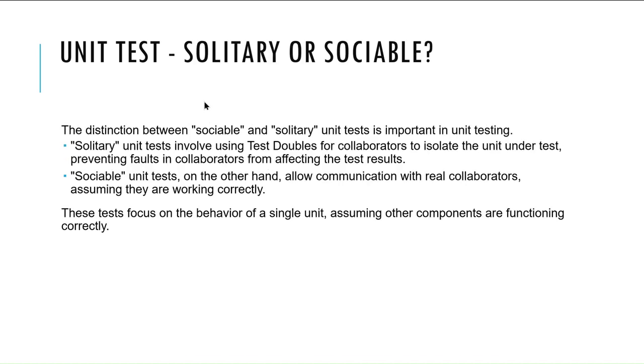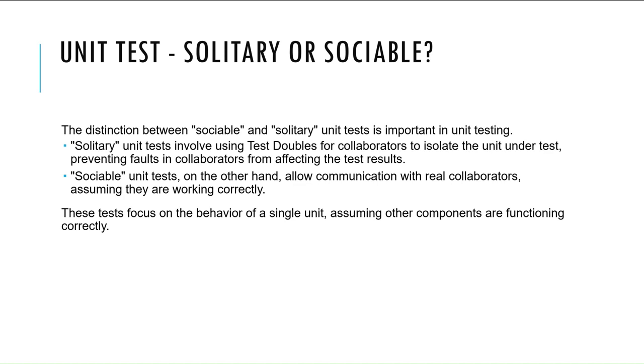Unit test, solitary or sociable. The distinction between sociable and solitary unit test is important in unit testing. Solitary unit tests involve using test doubles for collaborators to isolate the unit under test, preventing faults in collaborators from affecting the test results.